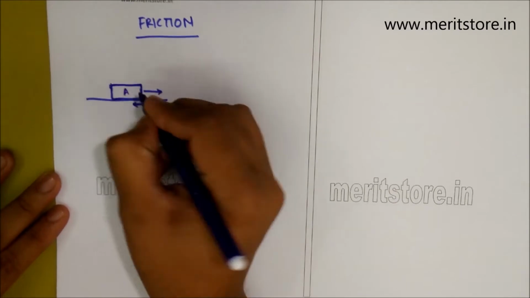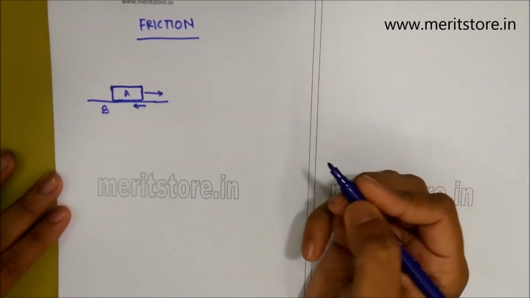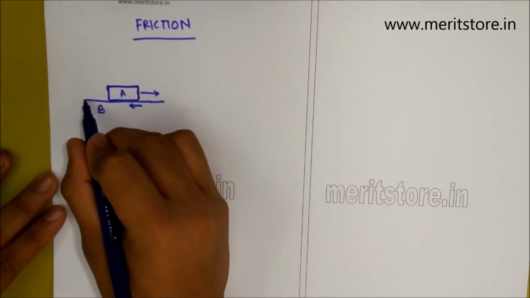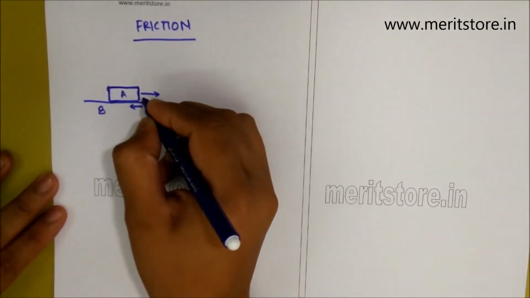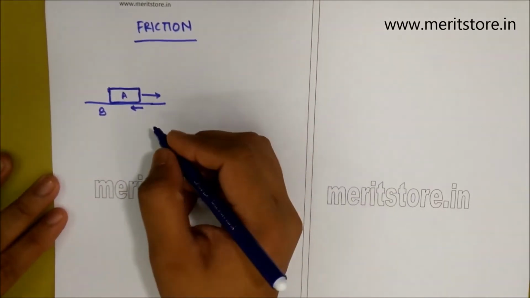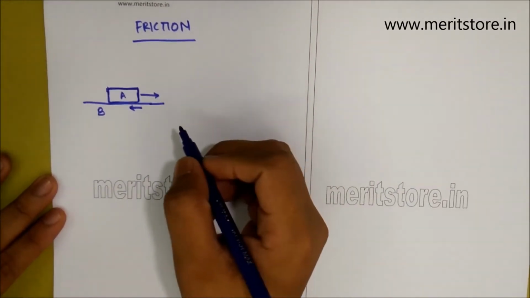So say this is our body A, this is body B. We are trying to pull body A, but due to friction, which is the opposition to the motion, A will not be able to move easily due to this frictional force.